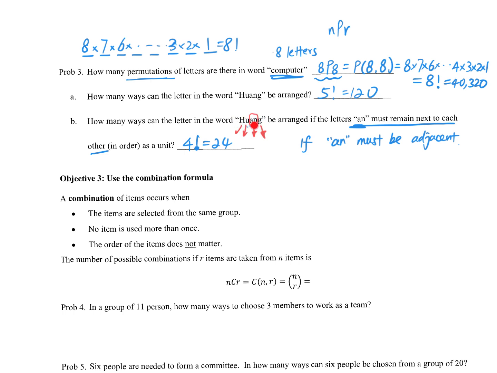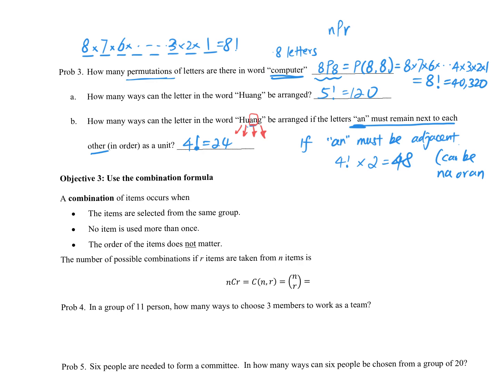This one has to be A-N, which is 24. N-A is allowed, so I just double it. So in this case, it was 4 factorial times 2, which is 48. This means it can be N-A or A-N. That's why we double it.